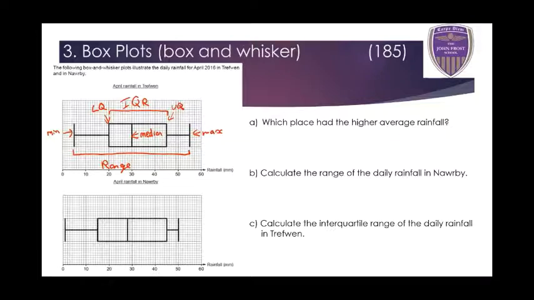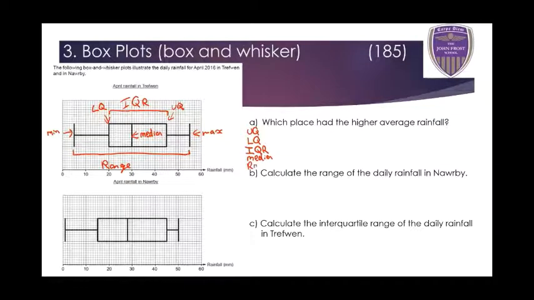So remember, there's no one point on this diagram that will give us the answer to which is the highest average overall. So we need to take everything into account. Let's compare and contrast the two. Let's talk about the upper quartile, the lower quartile, the interquartile range, and the median.